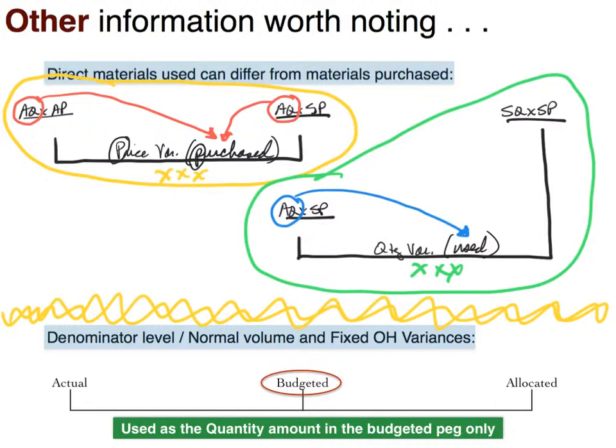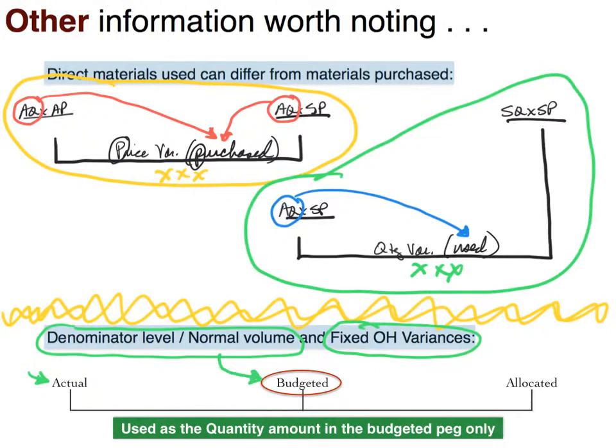Now let's look at this bottom topic here. Denominator level, normal volume. You also may see expected volume as well. This only deals with fixed overhead variances, nothing else. So if you notice, this is a fixed overhead diagram here. And these words, denominator level, normal volume, expected volume, anytime you see that, it will be used in this peg.